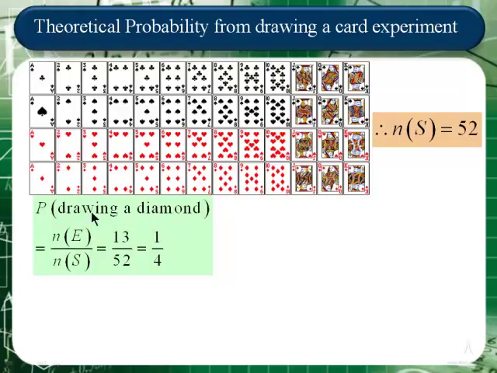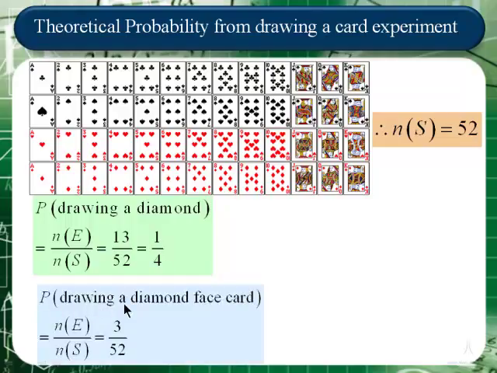What is the probability of drawing a diamond? The event is the set containing the 13 cards in this bottom row. So the cardinal number of the event is clearly 13, divided by the cardinal number of S, which is 52. So the probability is a quarter, or 0.25, or 25%.